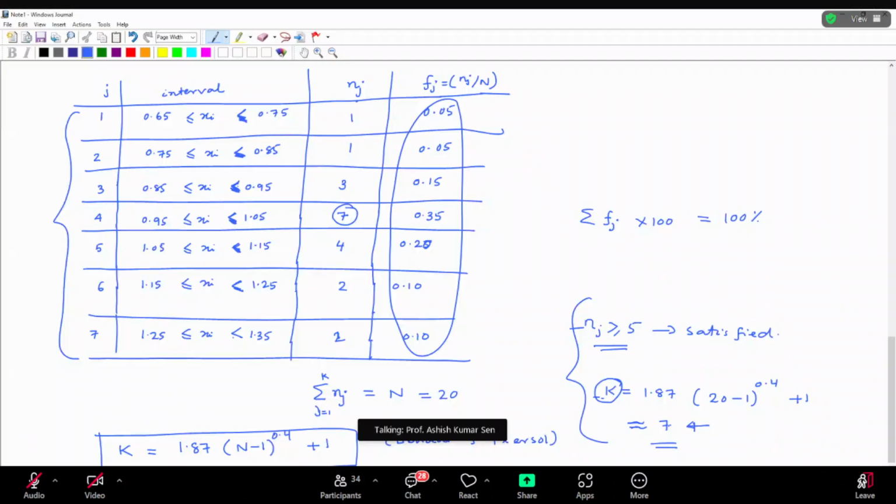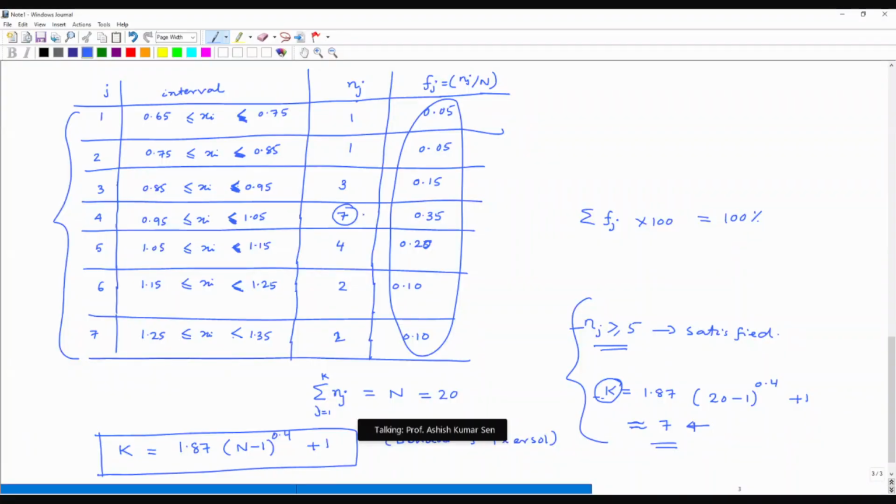So let's say you had only 2 here, what you do is adjust your k, so that the data values get adjusted and your n will be at least equal to 5. In a way, this puts the maximum limit on the number of intervals that you can have. Sir, one more question. How do we arrive at this number 5? Is it pre-decided?